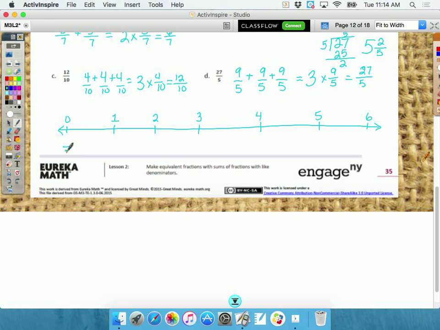Okay, so I want you to at least mark your whole numbers here. I know that one's going to be 30. And then on the others, I'm just going to count by 5s, aren't I? And then you'll need 4 tick marks between each whole number.